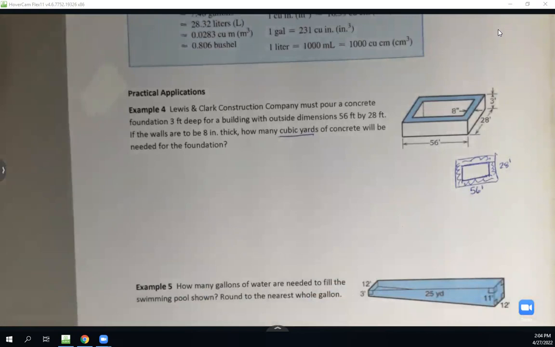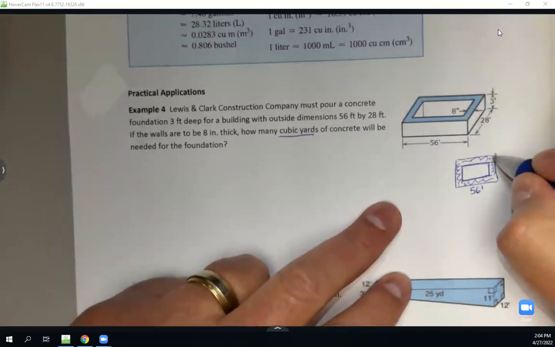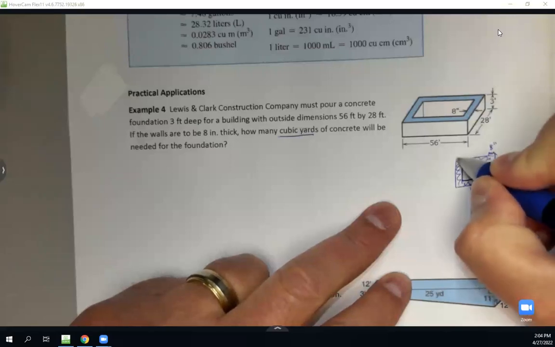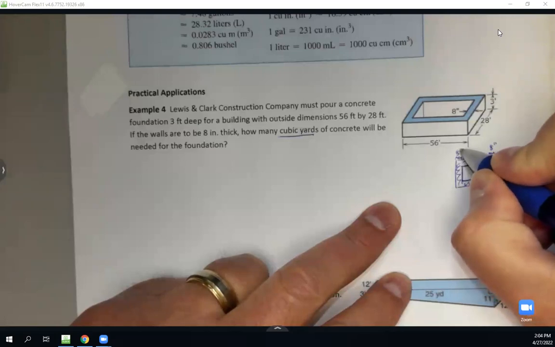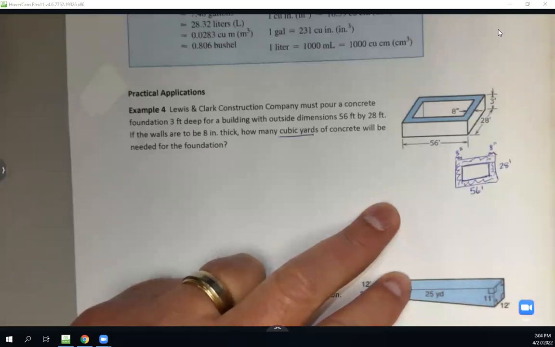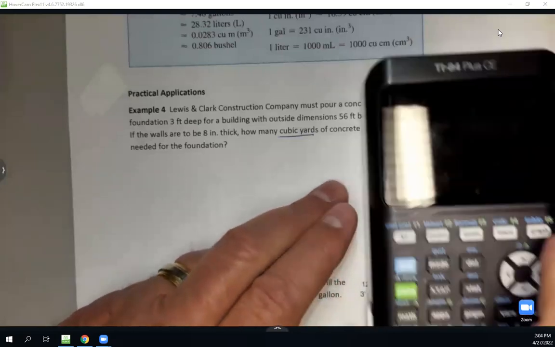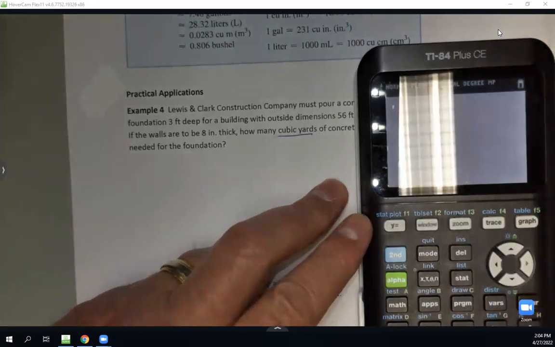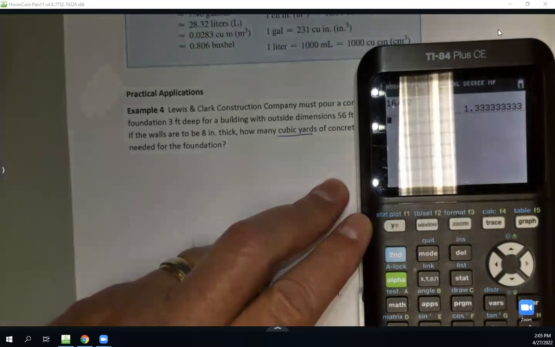And so how am I going to do that? Well, from here to here is 8 inches, and from here to here is 8 inches. Okay, does that make sense? Now 8 inches and 8 inches is 16 inches, and 16 inches divided by 12, that's 1 1/3 feet. Does that make sense? 1 1/3 foot, I guess I should say.